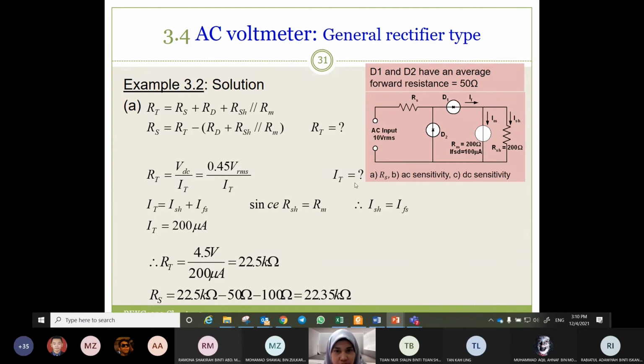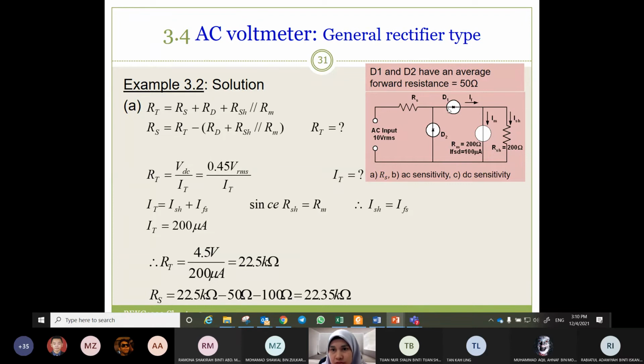How about I total? I total here is not 100 microamp only, so we should find I total. Since RM is 200, R shunt is 200, and FSD or IM is equal to 100 micro, for sure our I shunt here is equal to 100 microamps.